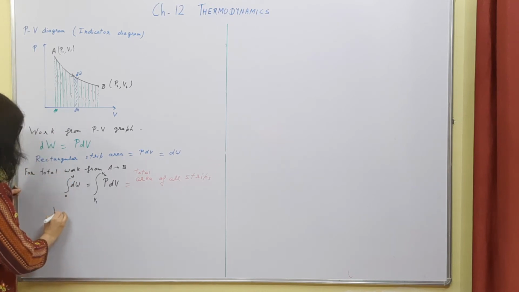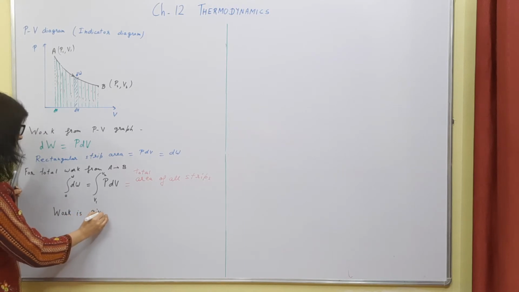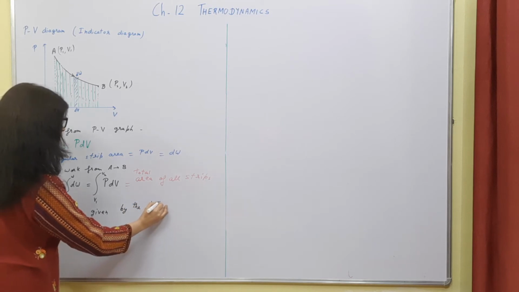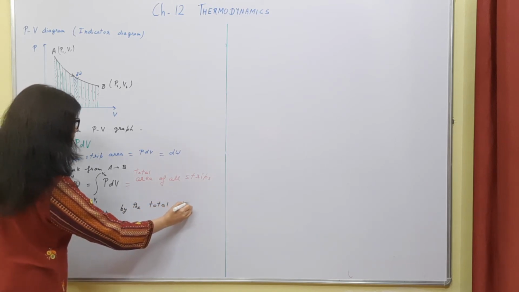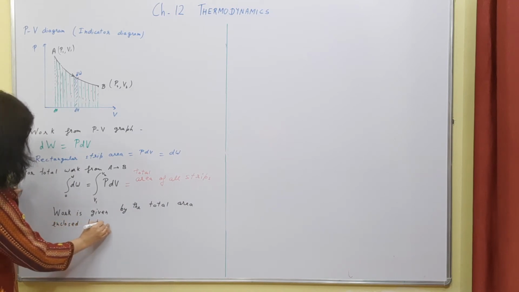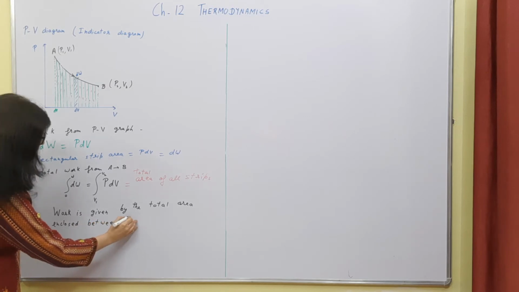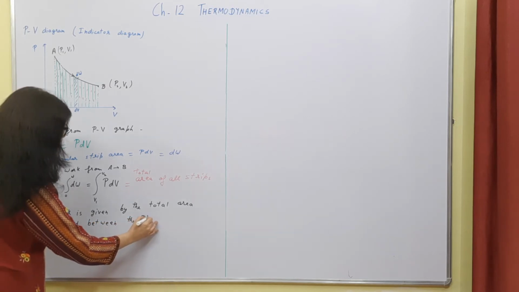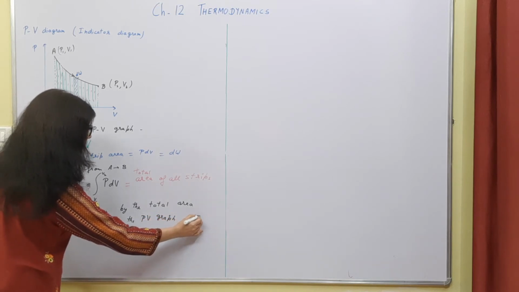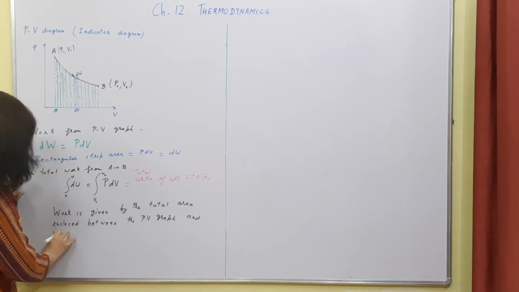So work done is given by the total area enclosed between the PV graph and the volume axis.